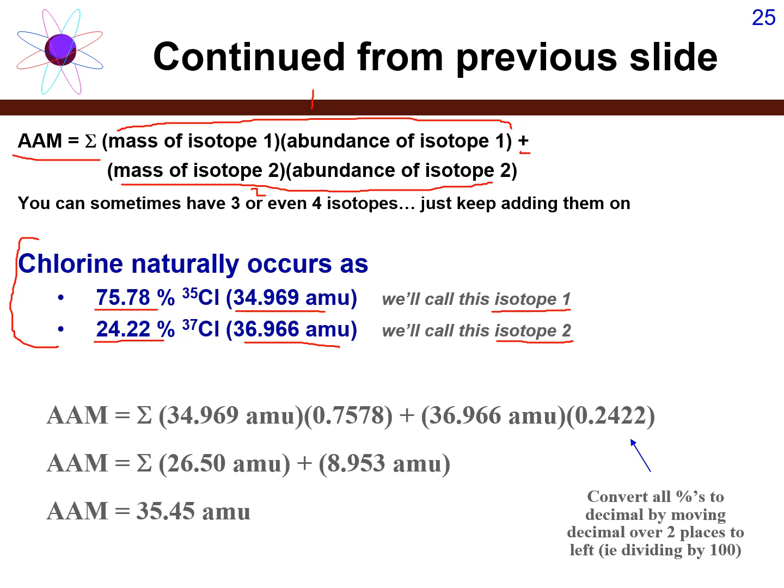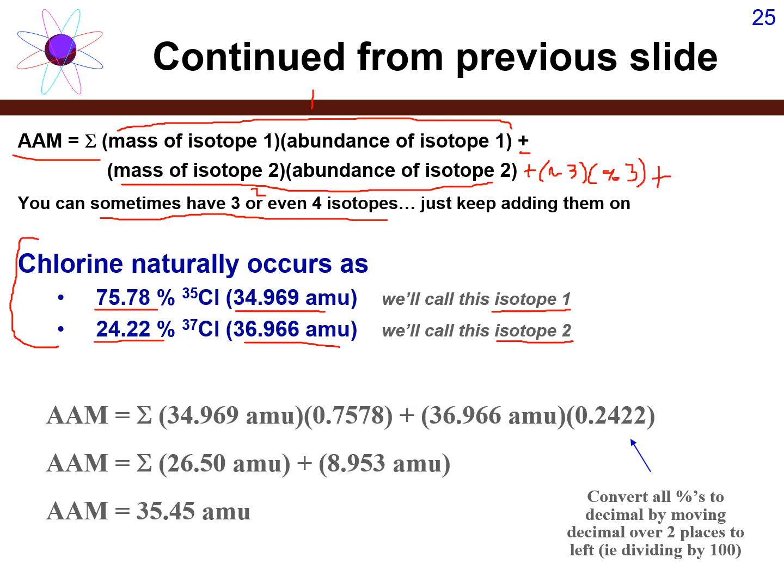Now importantly, chlorine has two isotopes that we're working with, but sometimes you have elements, like we saw with hydrogen, that have 3 isotopes, or some even have 4 isotopes. What you would do if you had 3 is the same thing. You would just add another addition sign, put the mass for isotope number 3 times the abundance for number 3.